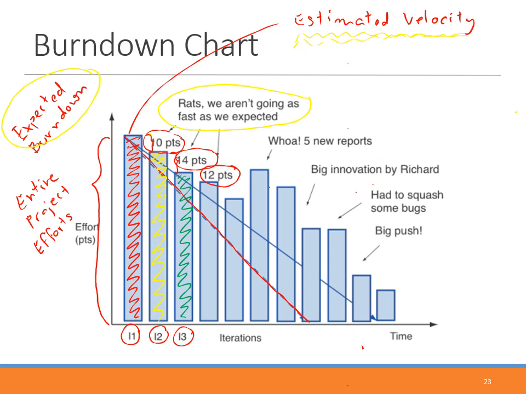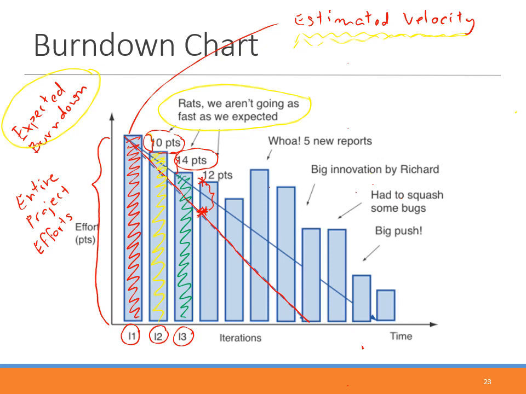Here is the gap. At the starting of iteration 4, you're supposed to reduce the work up to this point, but in reality, you reduced it only up to this point. So the gap is this high. This is the work that you cannot accomplish according to the plan, to the estimate, to the expectation.